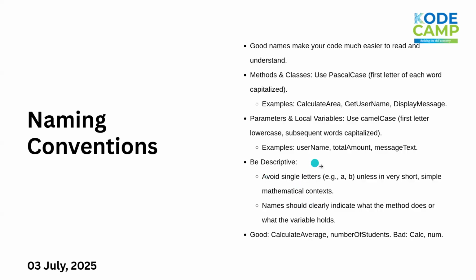So avoid single letters as much as possible. Maybe you are trying to give a variable name and you use A and B. It doesn't make sense, because there'll be a time when you write code and in 10 years' time you go back to that same code and you'll be confused, because the variable you gave did not describe its purpose. Adding two numbers means I need a variable that will store these two numbers.